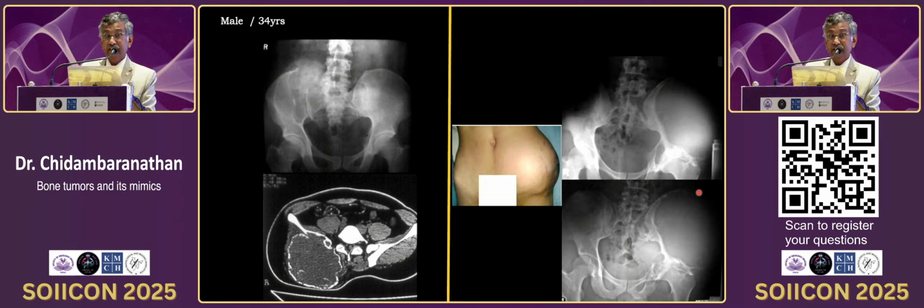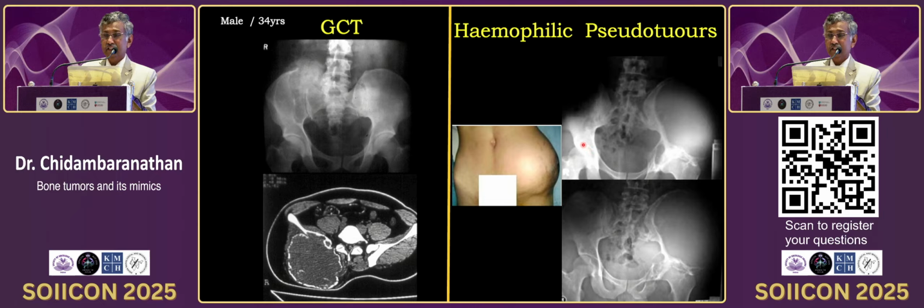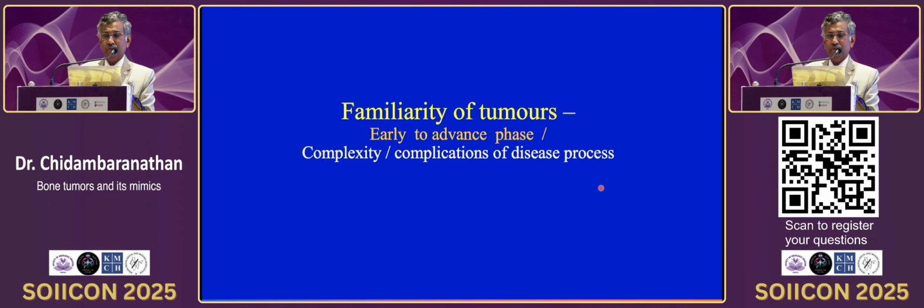But if you ask the clinical history, this patient has a different history. This is GCT, but this patient already has systemic manifestations. So this is hemophilic pseudotumor. If you ask the history, you will get the answer. So the profile of the patient, clinical history and age of the patient are important. The clinical history gives you a clue.